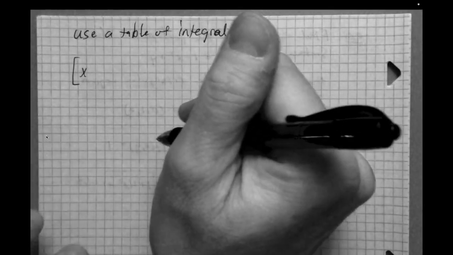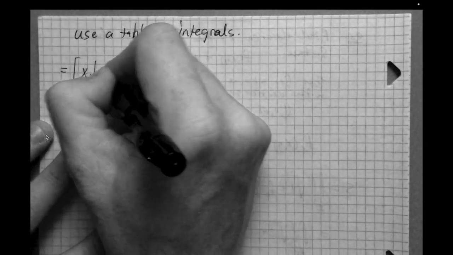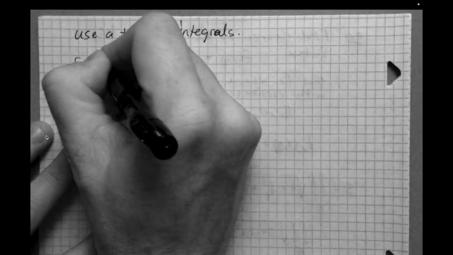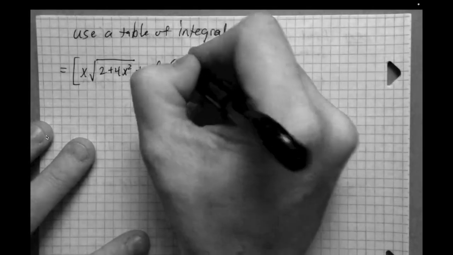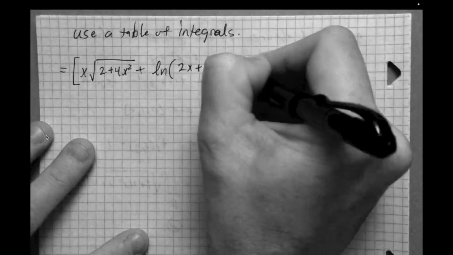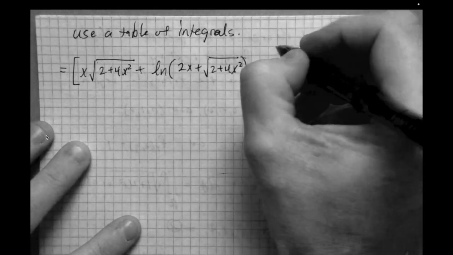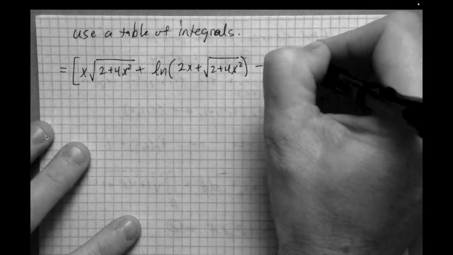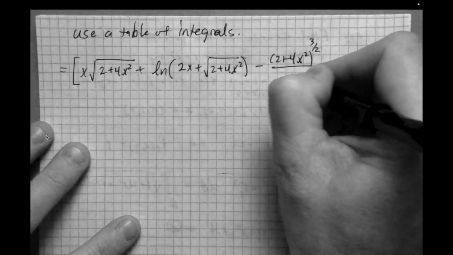This integral would be equal to x times the square root of 2 plus 4x squared, plus the natural log of 2x plus the square root of 2 plus 4x squared, minus 2 plus 4x squared to the 3/2 power over 6.